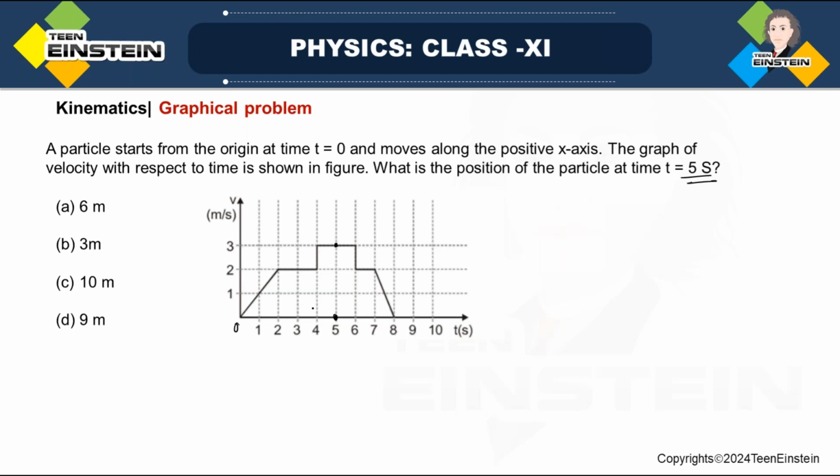See, this is a velocity time curve. That means it is uniformly accelerated motion here. This is constant velocity motion, a is equal to 0.